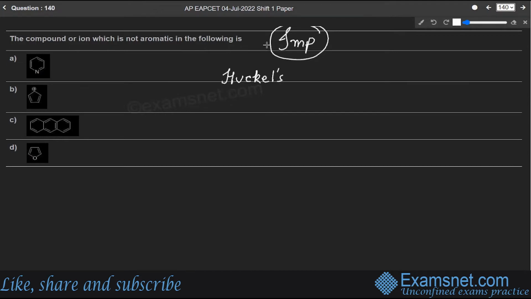Students often get confused in Huckel's rule and find it a little bit difficult, right? I don't suggest you follow Huckel's rule actually, because even without it you can solve the question. So let me tell you the method for aromaticity.